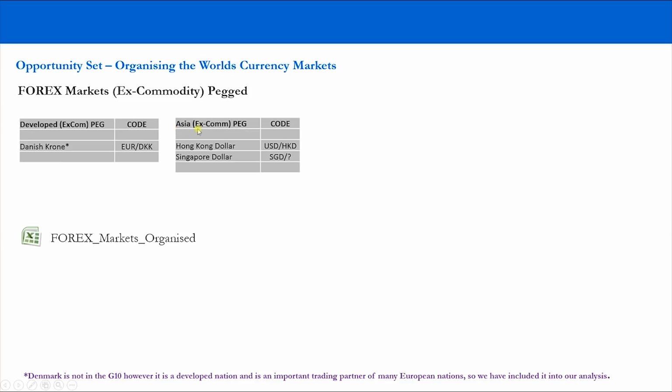We also have Asia ex-commodity pegged. And we have in Asia the Hong Kong dollar, which is pegged to the US dollar, and the Sing dollar, which is pegged to a basket of currencies that are not made public in terms of the weightings and the exact sizes of those weightings relative to their trading partners.